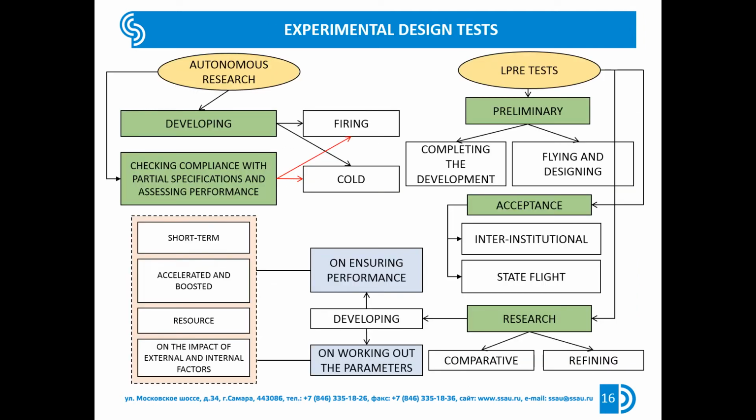During the development work on a new liquid propellant rocket engine, a set of development tests are carried out, including certain types of tests: research tests, preliminary tests, acceptance tests. The necessity, composition and sequence of tests during development work shall be established by the developer of the LPRE, taking into account the requirements existing in the industry.